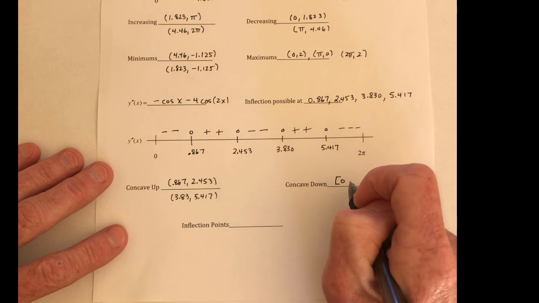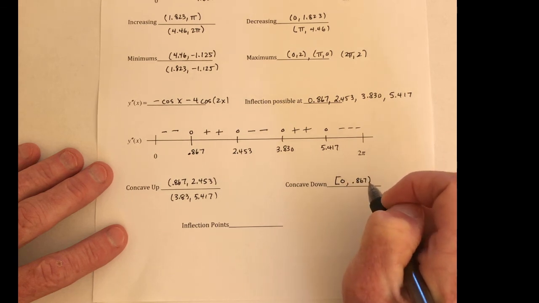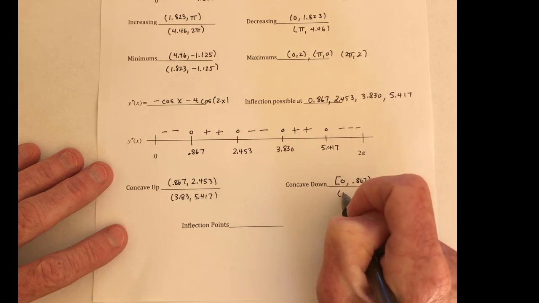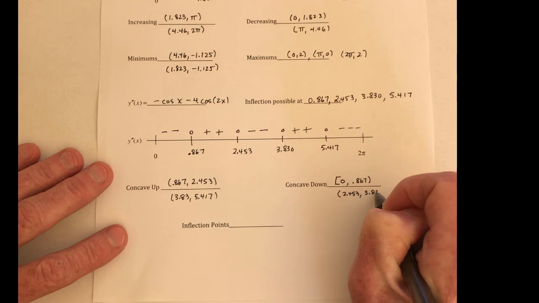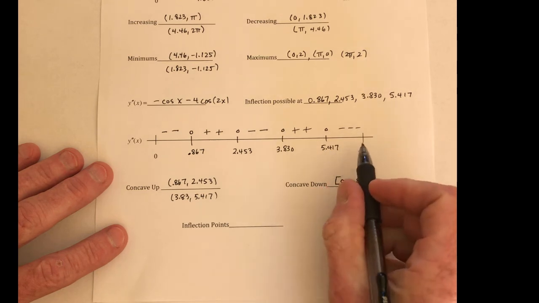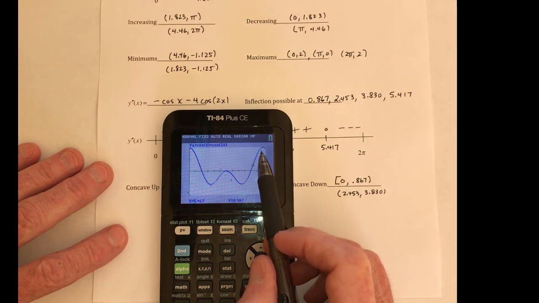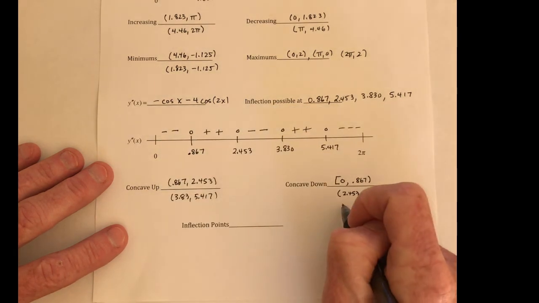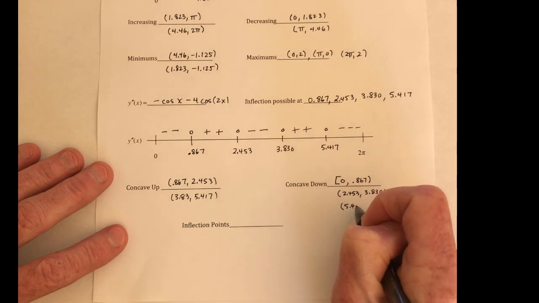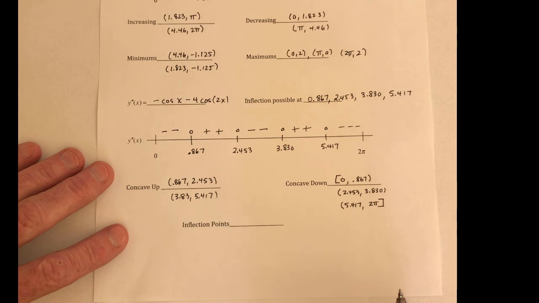So that one gets a square bracket, and the 0.867 does not. Then there would be the middle interval, 2.453 to 3.83, and then the last interval. So you can even see it right here as it's going through where the 2 pi is. This is concave down. So that's why this is going to have a square bracket on the 2 pi.